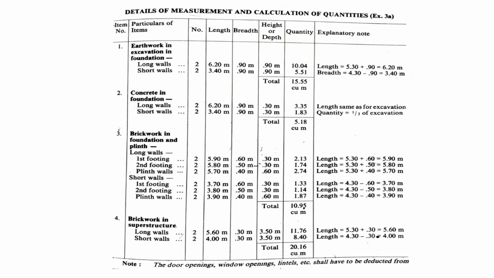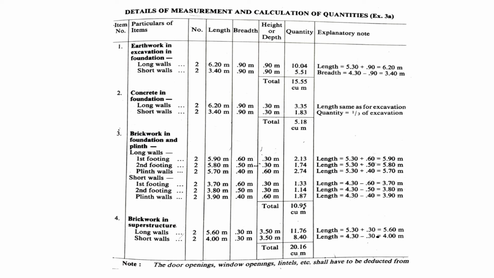Length 3.4 meters, width of the excavation trench, that means breadth 0.9 meters, then height from the ground level 0.9 meters. Totally for short wall we have to excavate 5.51 m cube of earth. Total earth quantity is 15.55 m cube.